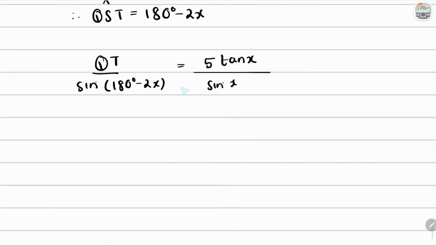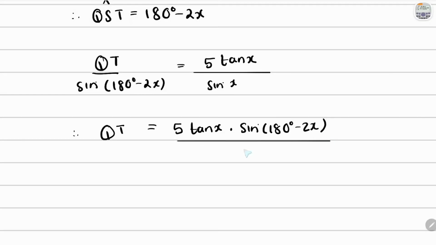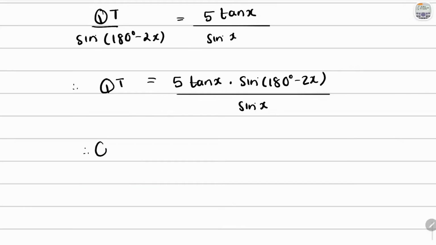And now we can just go ahead and multiply both hand sides by that denominator so that we can leave QT there. So it's like transposing this from the denominator, it will move to the numerator. So QT is equal to, we have 5 tan x, and this is multiplied by sine of 180 degrees minus 2x, and this goes all over sine x. Okay, so let's simplify.